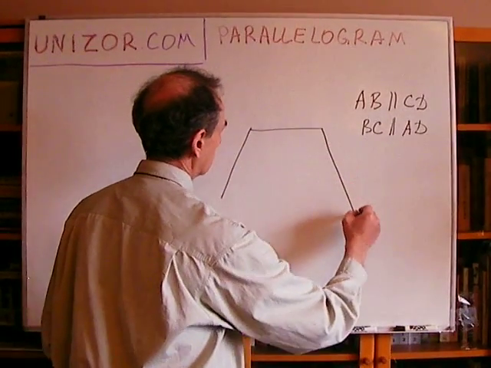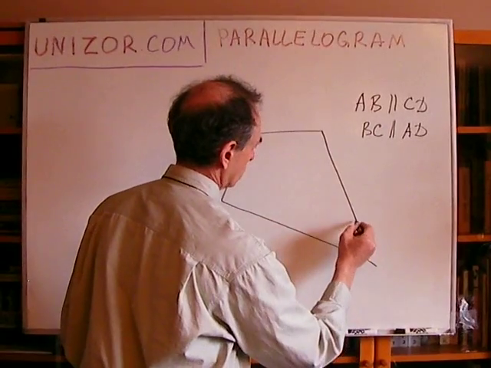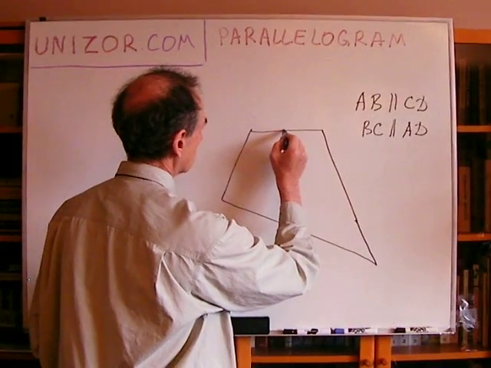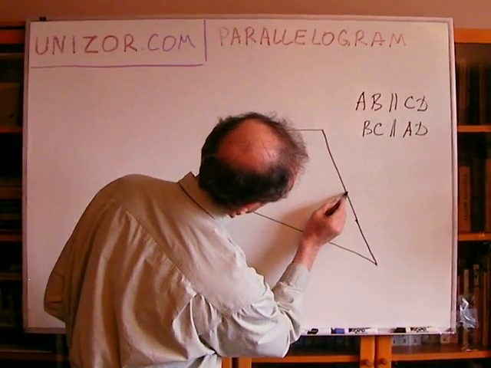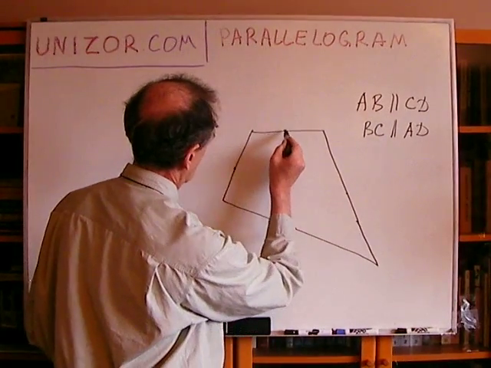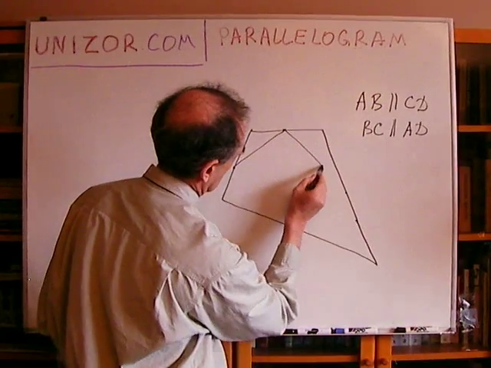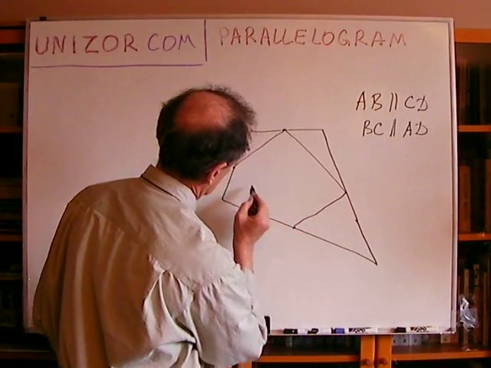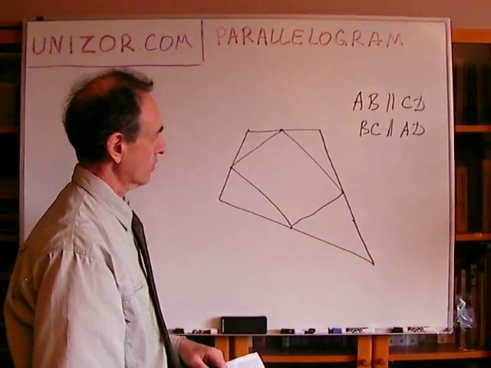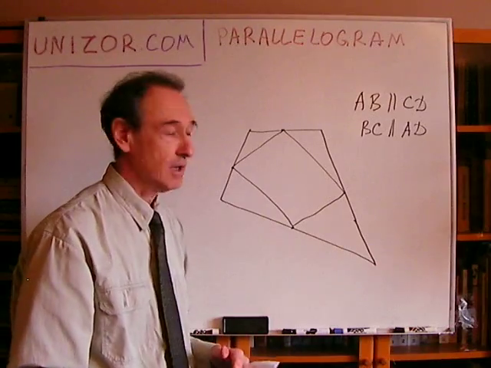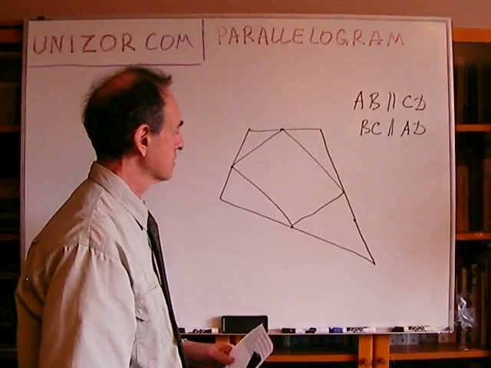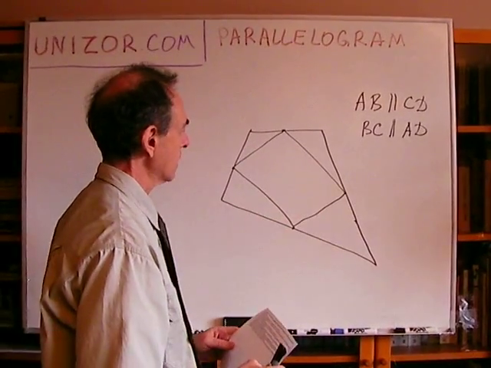You have any quadrangle, and you connect midpoints. You will get a parallelogram. Isn't that interesting? I mean, you take any quadrangle, you connect the midpoints, and you get the parallelogram inside.